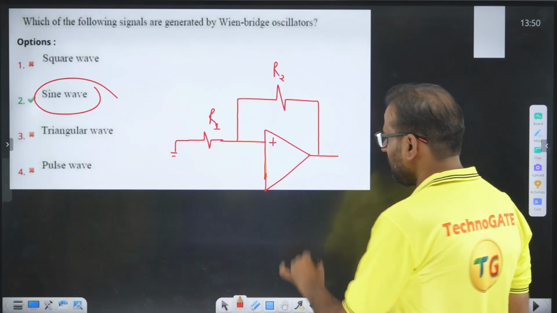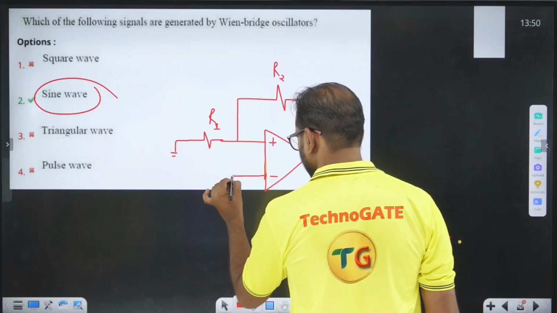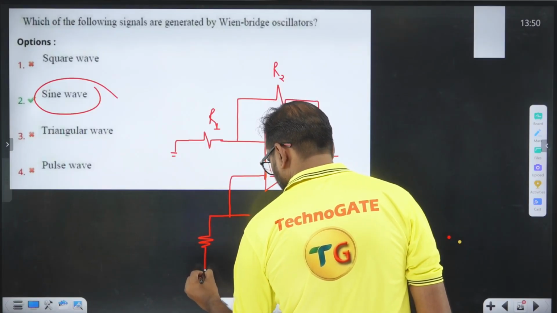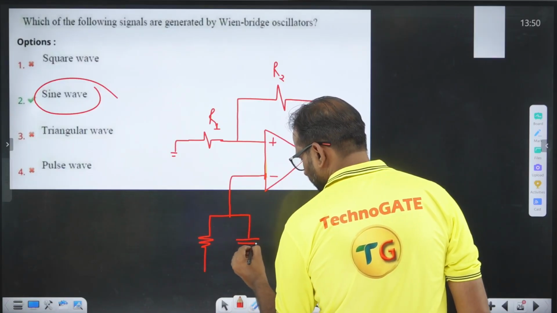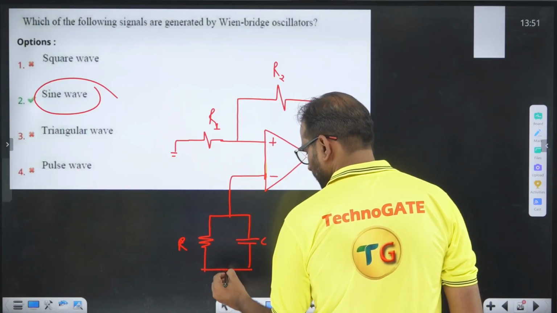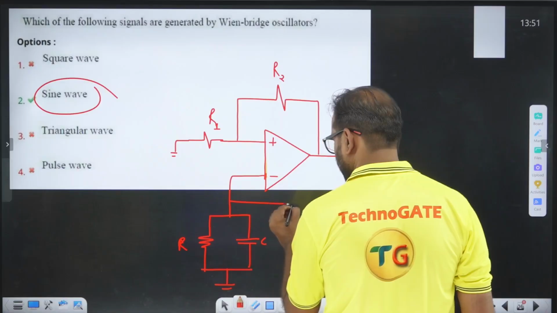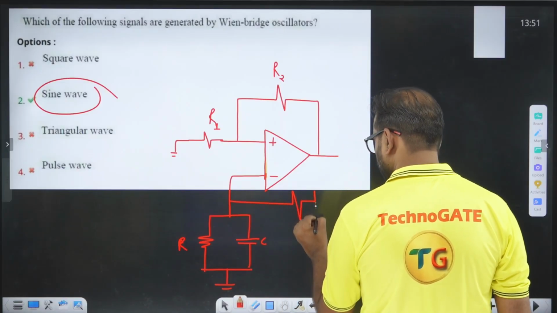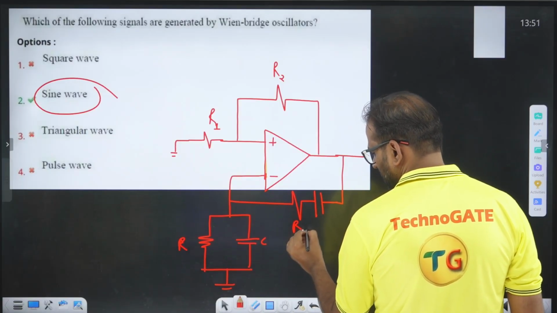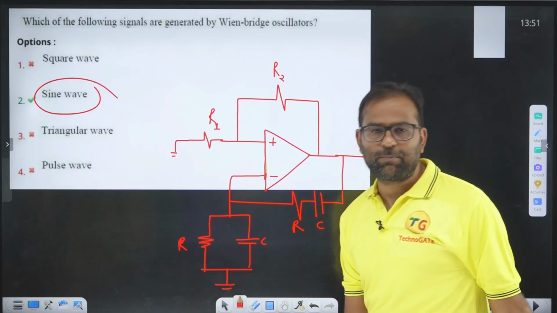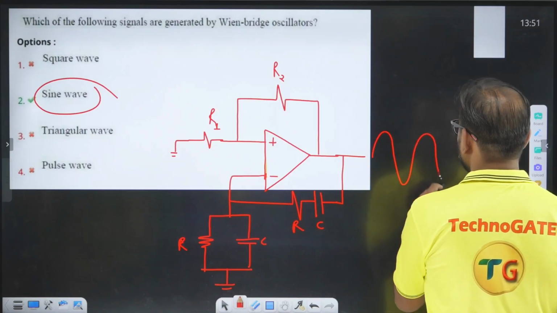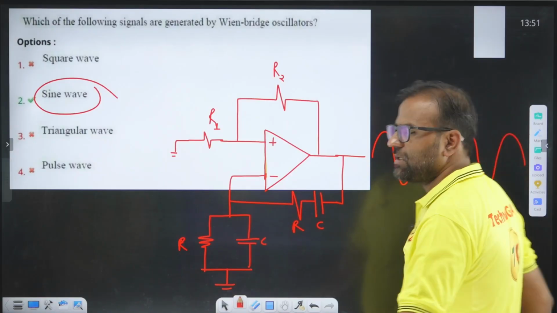Here we have one RC pair here, and one RC pair here. This oscillator is known as the Wien bridge oscillator. It produces which waveform? Sinusoidal signal at output.